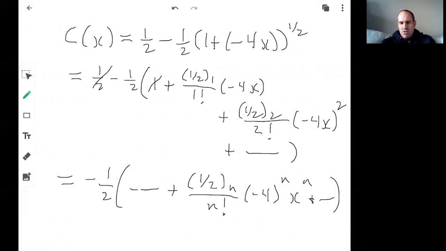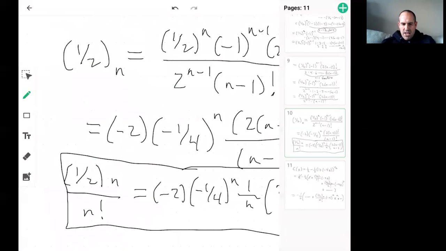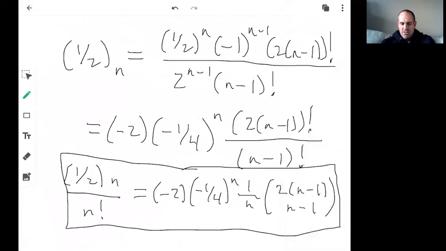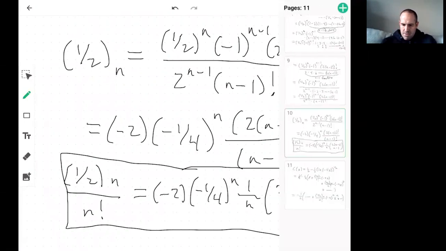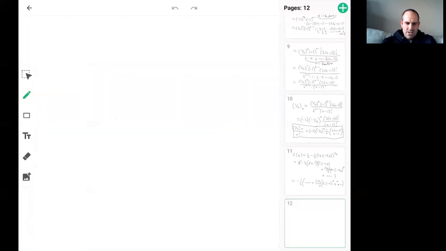And now we could go back to the previous page where we had our formula for 1/2 falling n over n factorial. I promise I have that committed to memory, so we'll easily be able to transfer that over. Let me go to the next page.